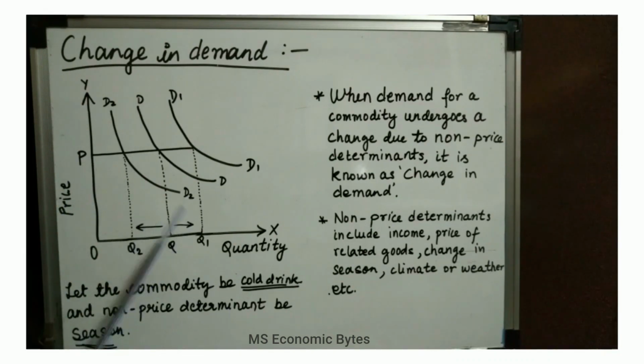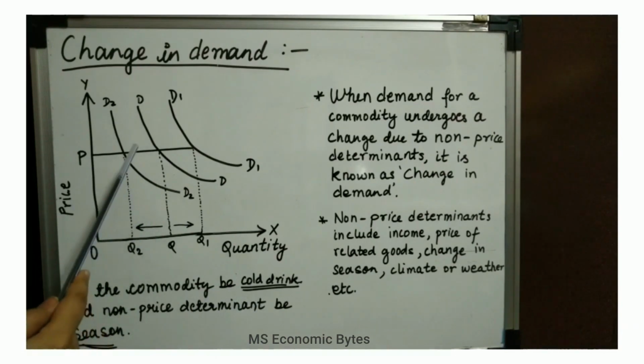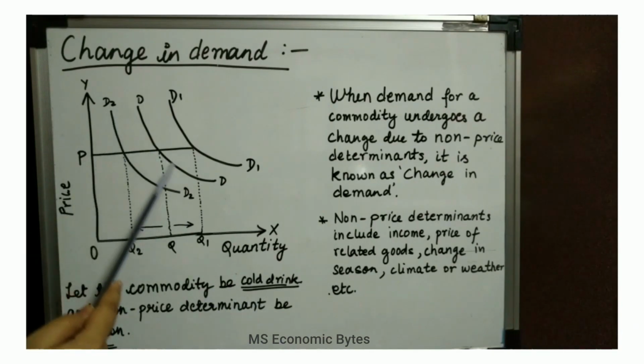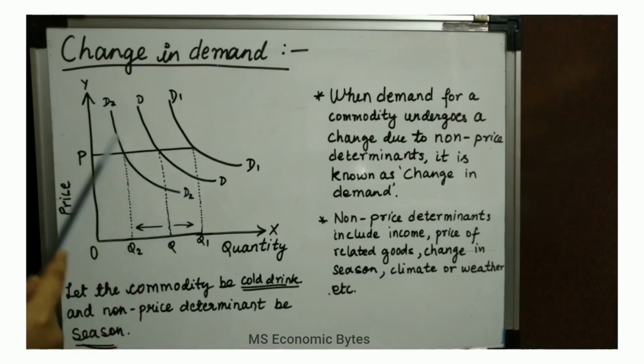Similarly, during winter season, the demand for cold drink falls naturally, which is why the demand curve shifts to the left from DD to D2, and the demand basically falls from OQ to OQ2, while the price of the cold drink is still constant. So this is basically known as a change in demand.